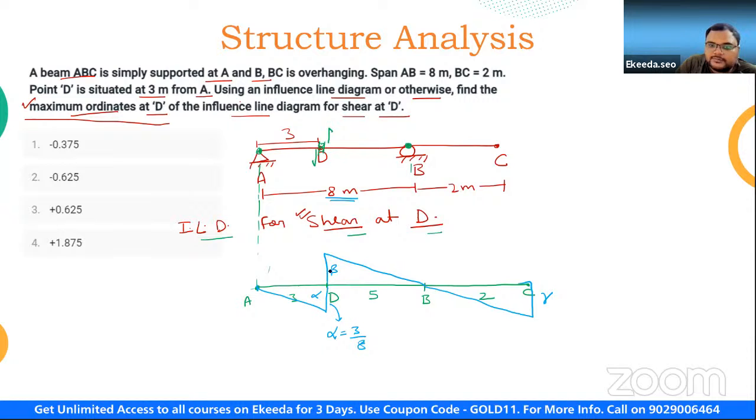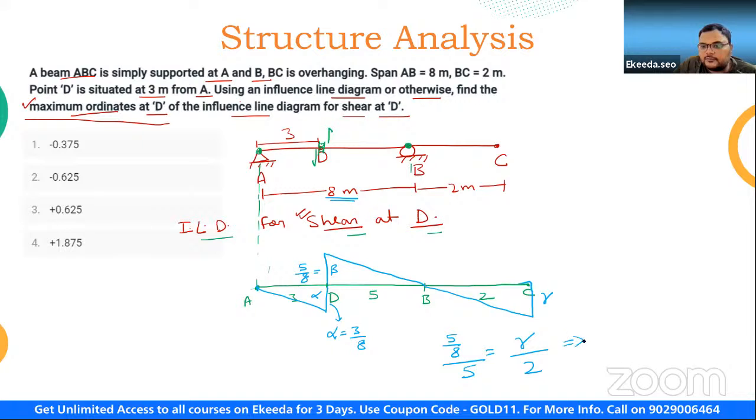And what is going to be this beta? This beta is going to be this 5 by this 8, right? And what is going to be this gamma? Let us say this is 5 by 8 and this is 5. So 5 by 8 upon 5 is going to be equal to gamma upon 2, right?